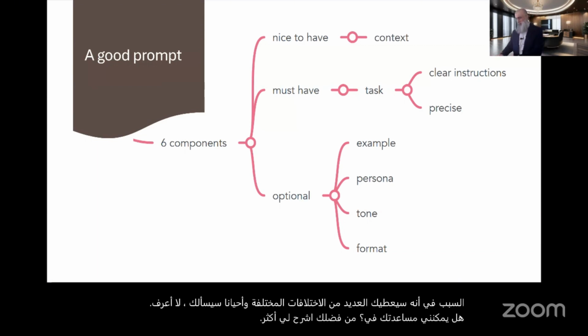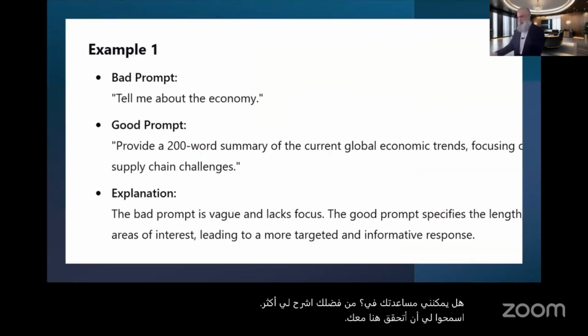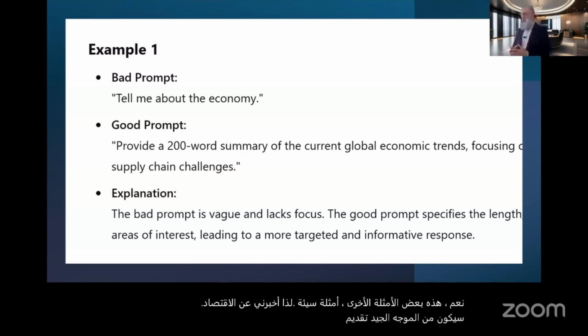Let me check here with you. Yeah, these are some other bad examples. So, "Tell me about economy." A good prompt would be: "Provide a 200-word summary of the current global economic trend, focusing on the supply chain challenges."